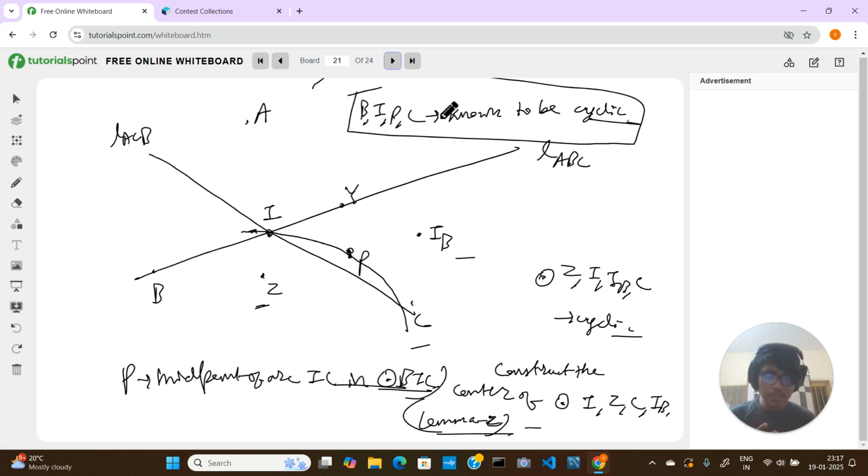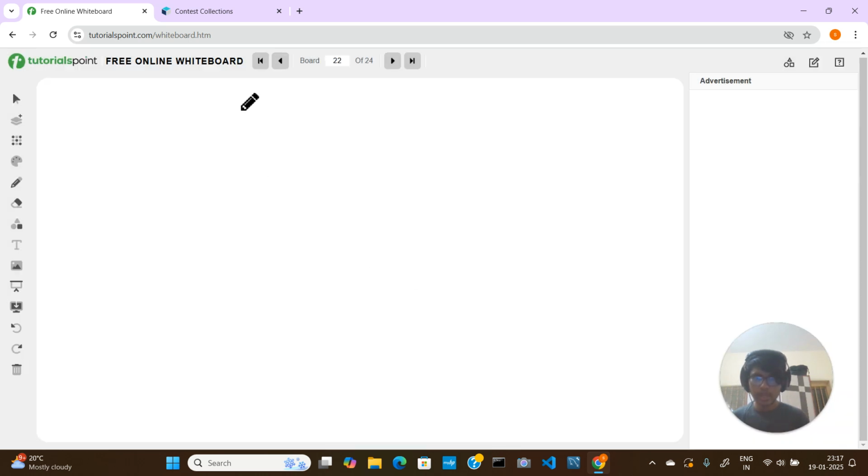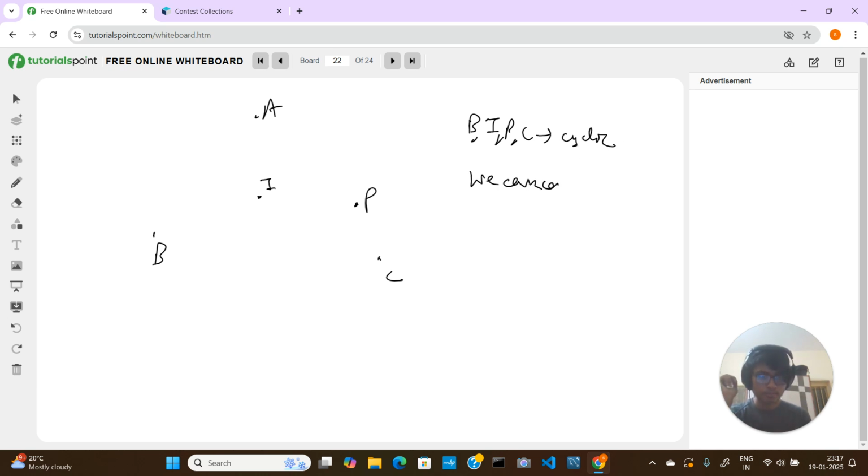What does this mean? So let's finish it. We have this A, B, C. We have this point I and we have this point P. We know B, I, P, C are cyclic, so we can construct the center of circle BIPC.